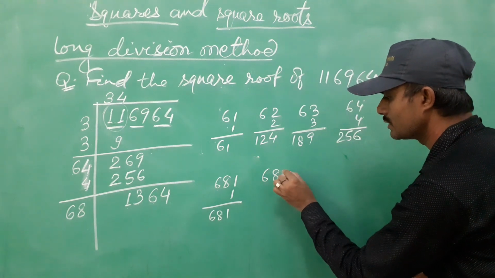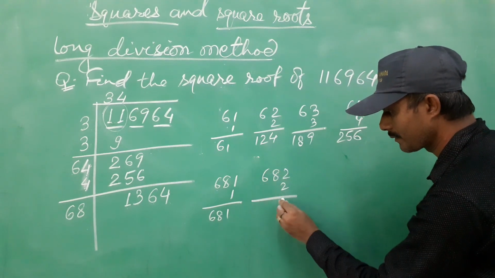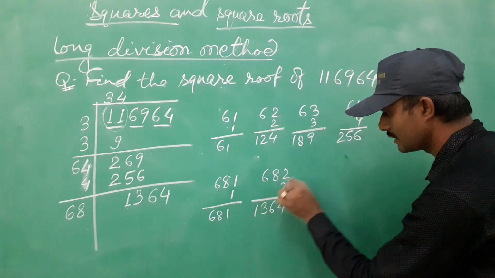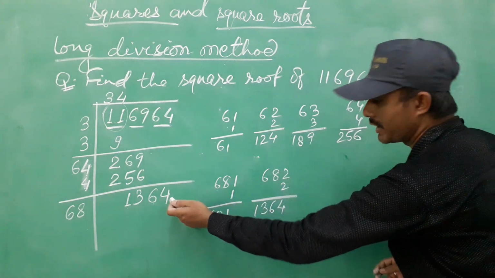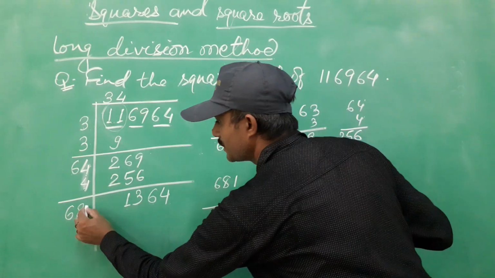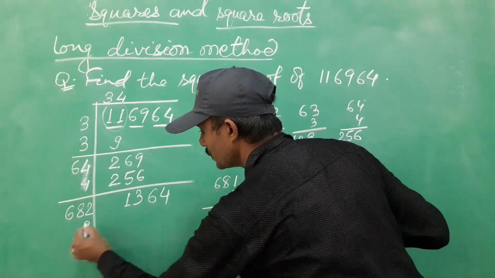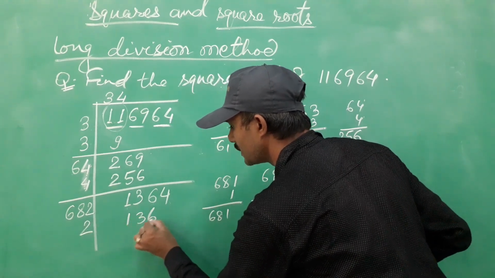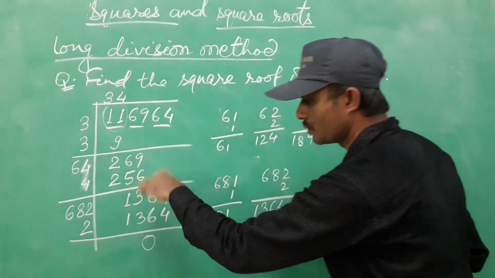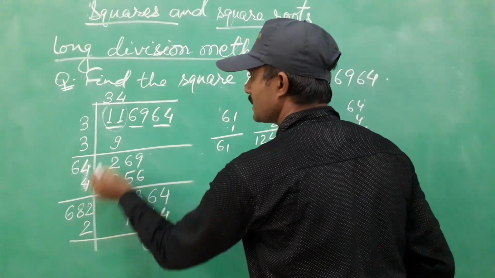If 2, then 2 times 4 is 16 and then 30. Again 3, but yes, we are getting the same value. So with 2, we are getting the same 1364, and now here remainder is 0, and next digit 2.